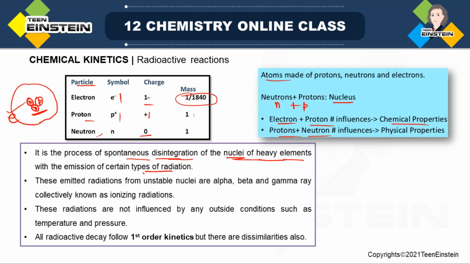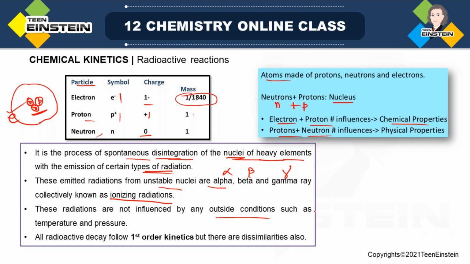Now depending on what type of radiations are emitted, the radiation emitted from unstable nuclei is actually alpha, beta, and gamma rays, and together we can call them ionizing radiations. These radiations are not influenced by outside conditions such as temperature and pressure.